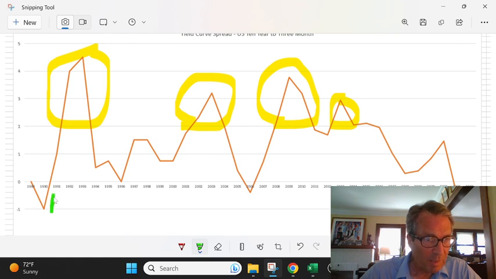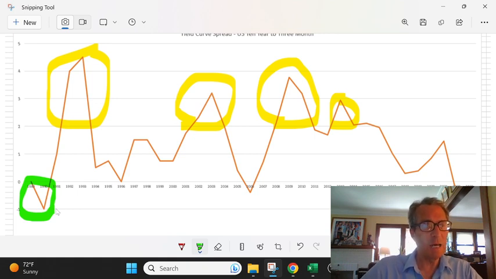Where we have a negative yield curve spread. Going back to 1989, 1990, this is not always the case, but it's very prevalent that in the following year after you've entered a negative yield curve, which in 1989, 1990 was pretty severe, you will have the stock market go down.